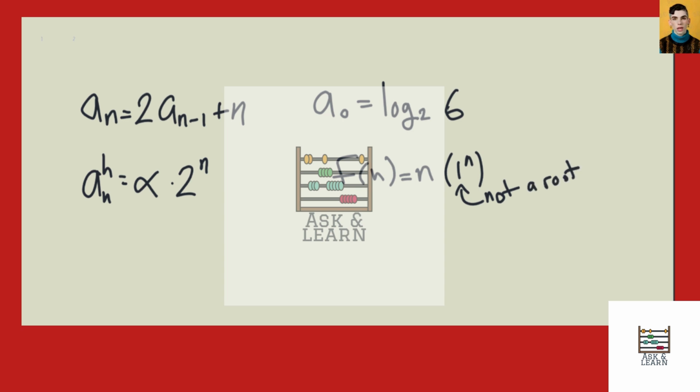So we'll take that form of our particular solution, which would be equal to p1 times n plus p naught, times 1 to the power of n, which is just p1 times n plus p naught.